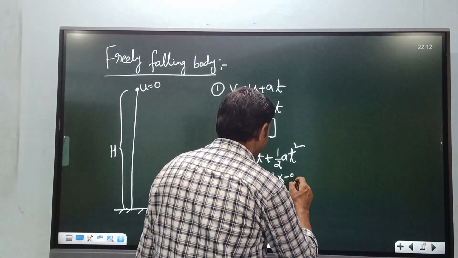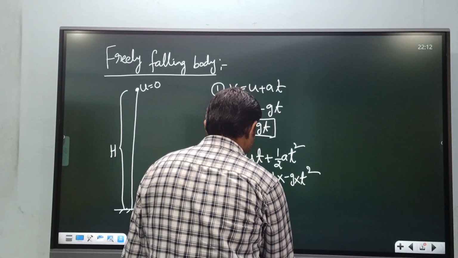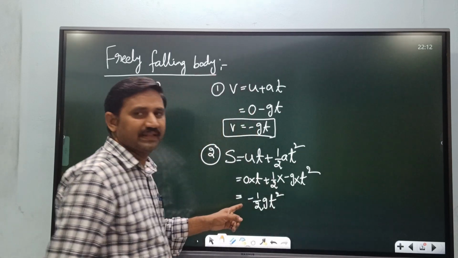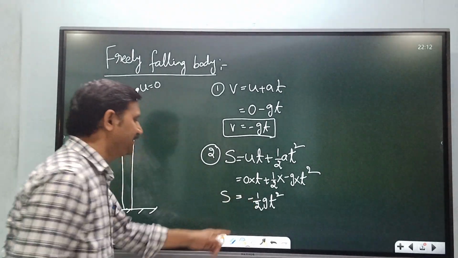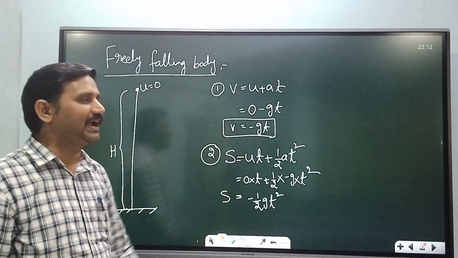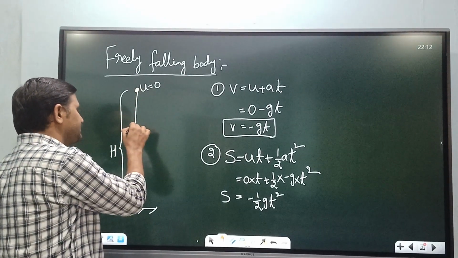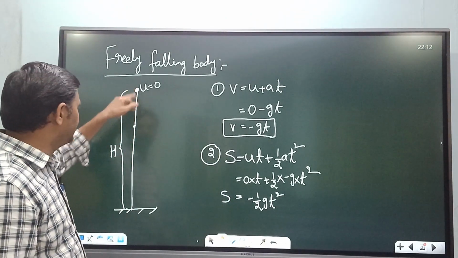So minus G into t square. So here minus half gt square. The minus sign indicates that the displacement of the body after some time t is below the reference point.